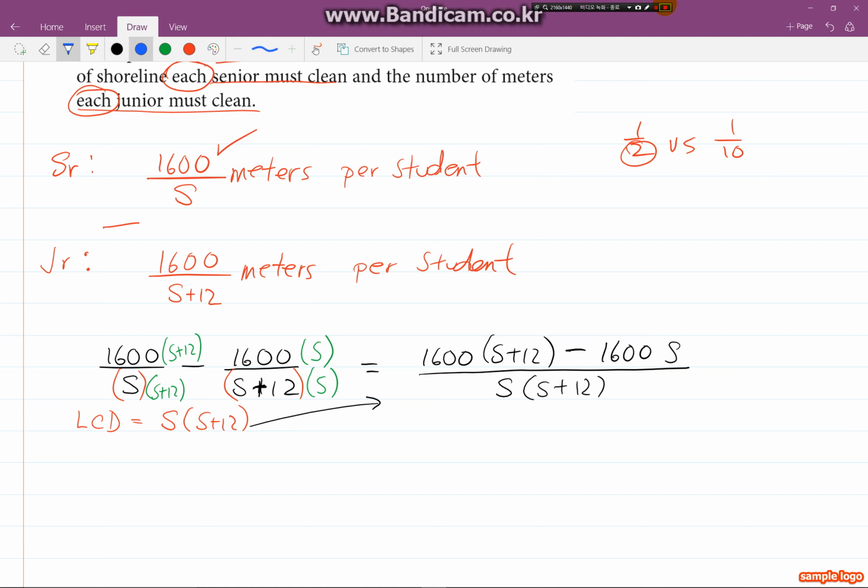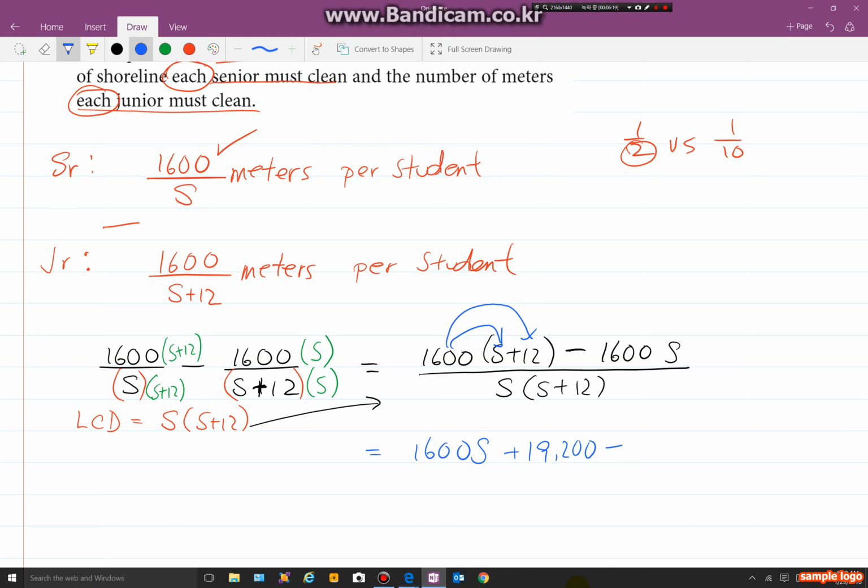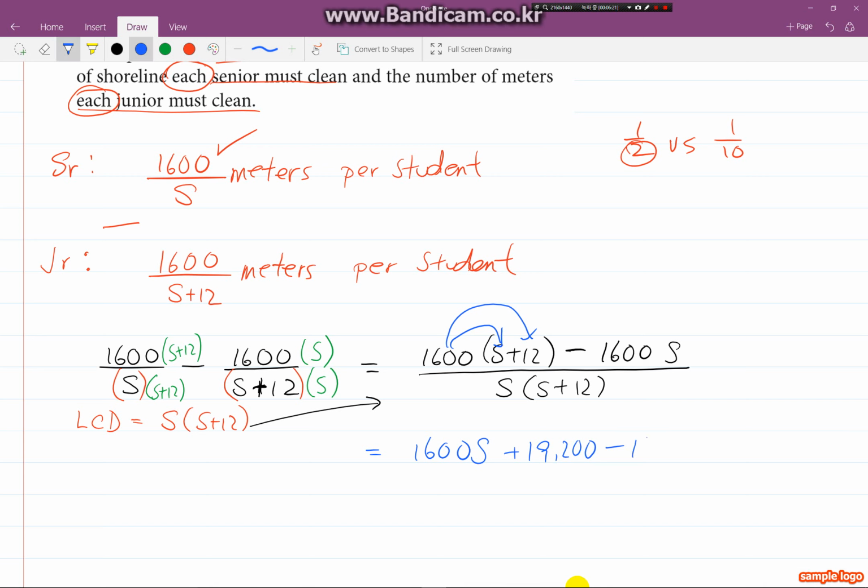Now let's work on simplifying the numerator, which will become 1600S plus 1600 times 12, which will be 19,200, minus 1600S.